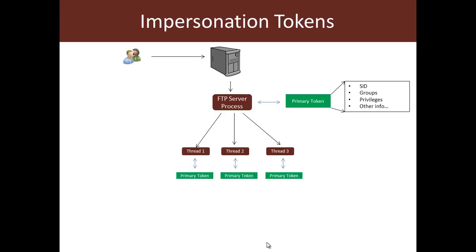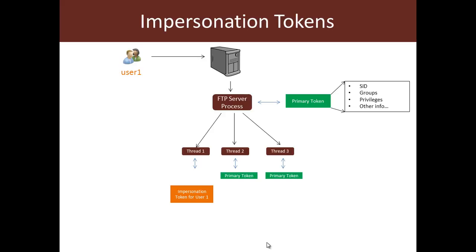Now let's say when the first user logs in, the FTP server needs to go ahead and access various resources and file systems which user 1 has authorization to access. It cannot do that using its own primary token simply because its token might not have all those access privileges. Hence, it needs to somehow assume the identity of user 1. This is done by creating an impersonation token for user 1.